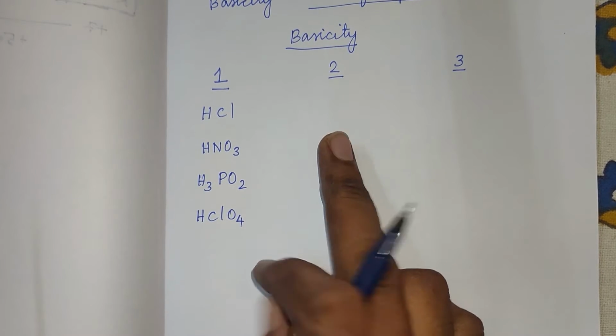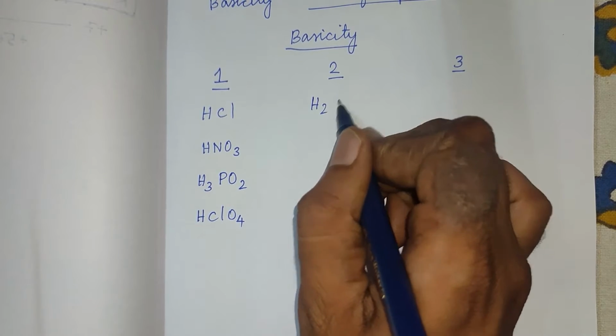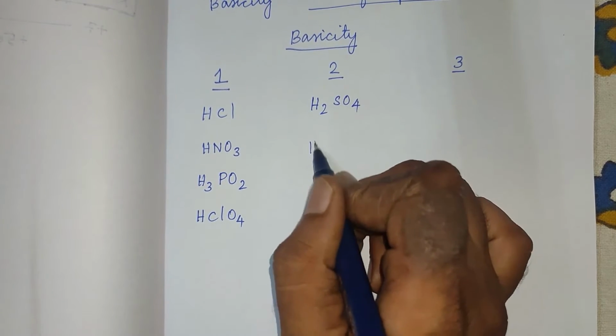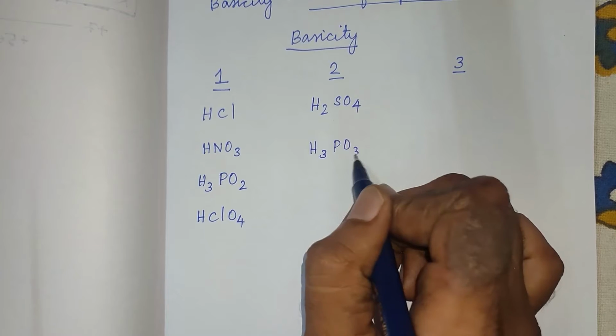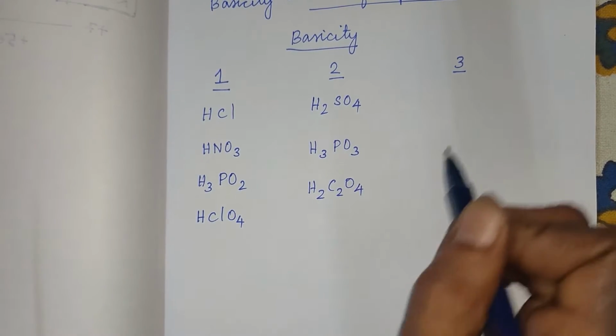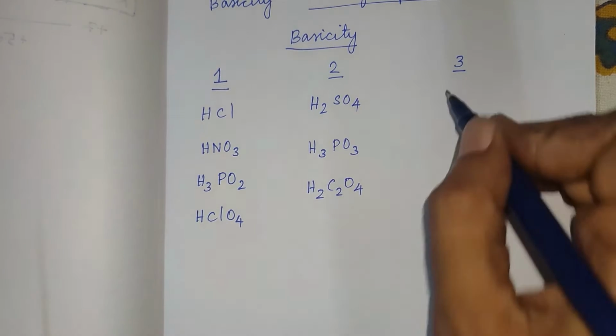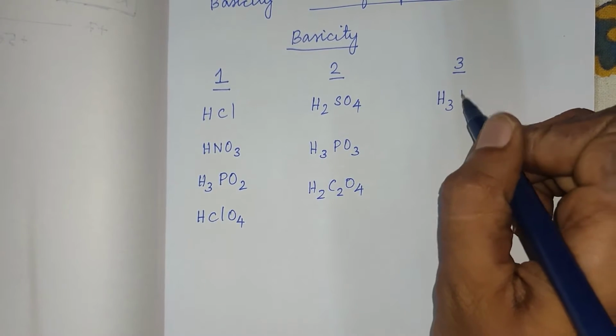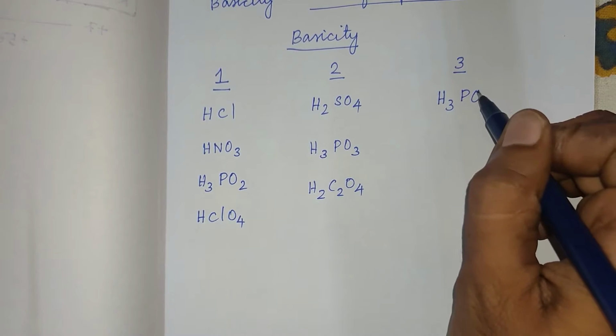For acids with basicity 2, we have sulfuric acid, phosphorous acid, oxalic acid, and so on. Acids with basicity 3, we have orthophosphoric acid, or simply we call it phosphoric acid.